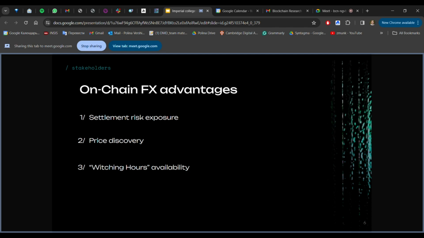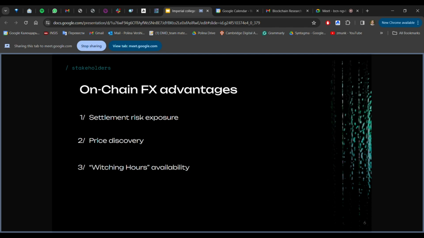Within cross-border transfers, we usually talk about witching hours as a period after all the centralized exchanges are closed, usually specifically the New York and London exchanges. But to give you a simple example, Saturday and Sunday are usually days when there is no trade, and so no activity can be done.